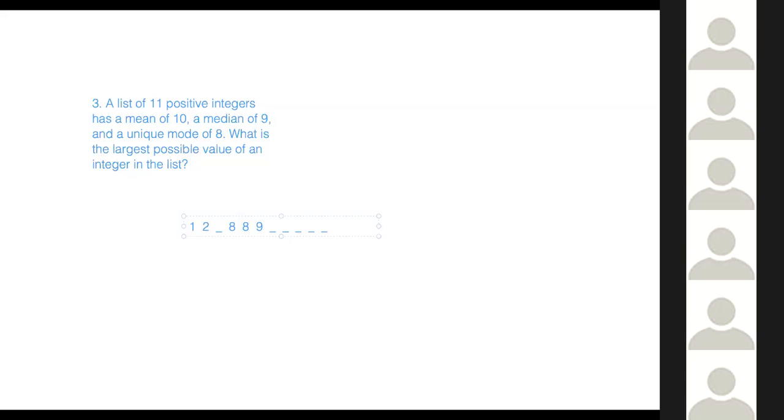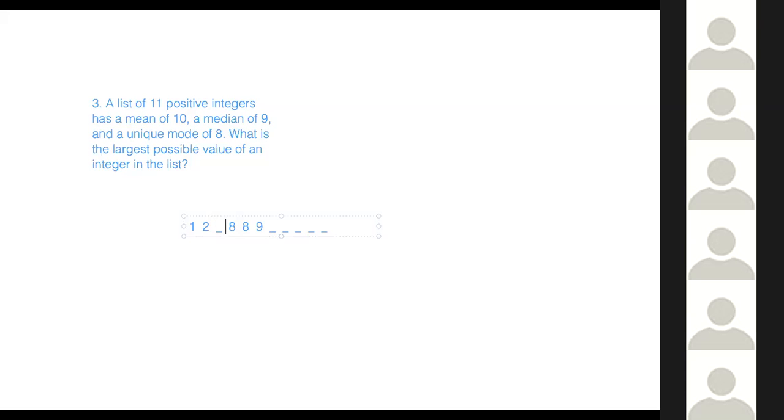But well, even though that side's not right, I took 1 plus 1 plus 2 plus 8 plus 8, which is 20, and I added the 9 to it, which is 29.